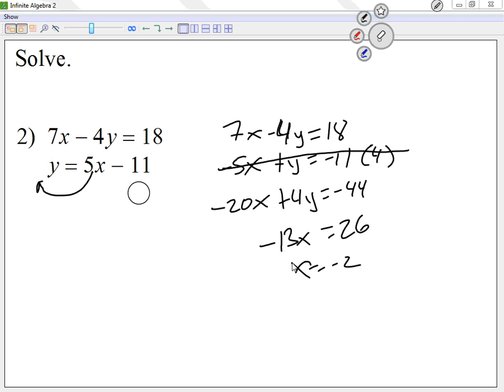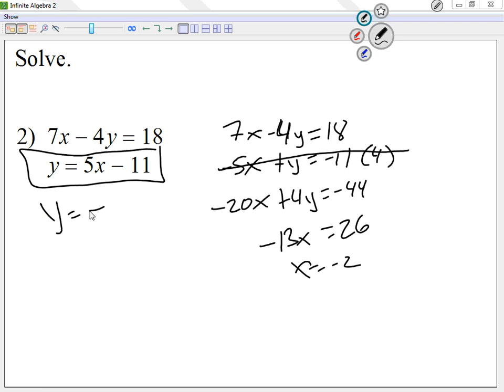From the beginning, I'm going to use this equation. So y equals negative 10 minus 11. Remember the negative 10 is because I went 5 times x. So y equals negative 21.